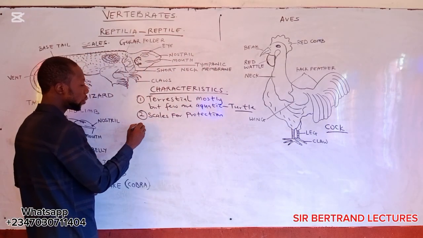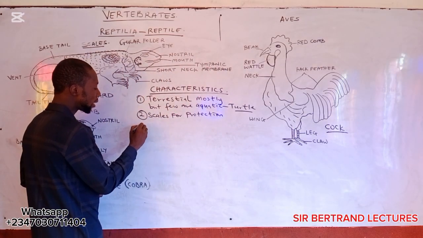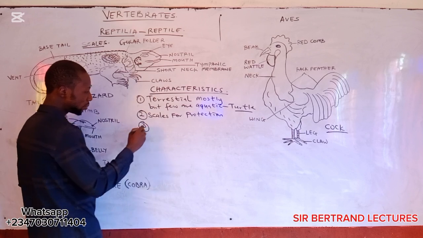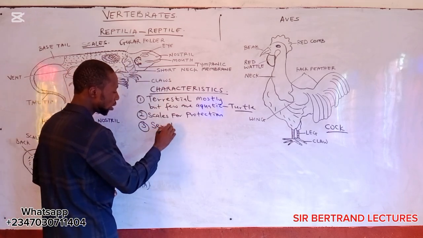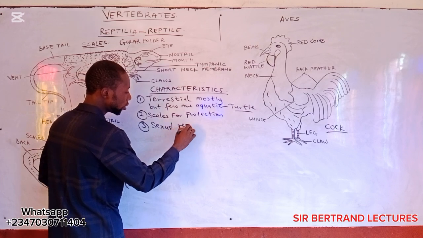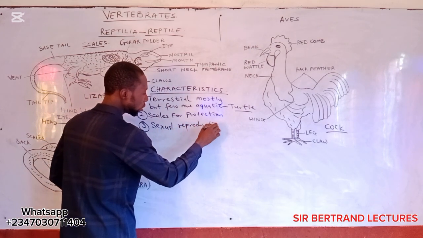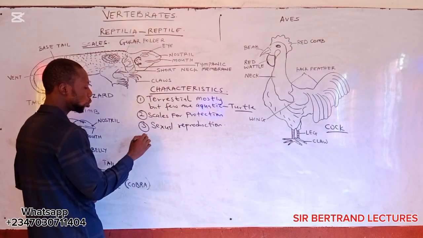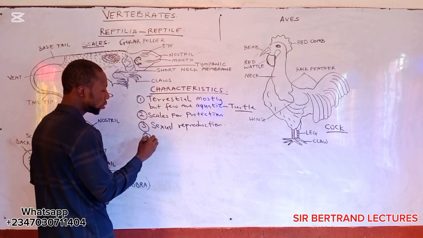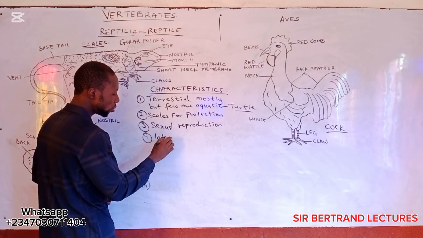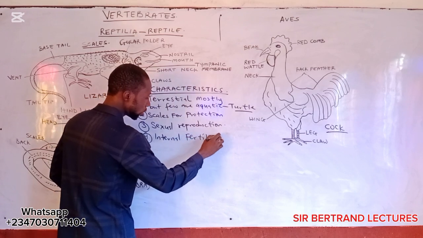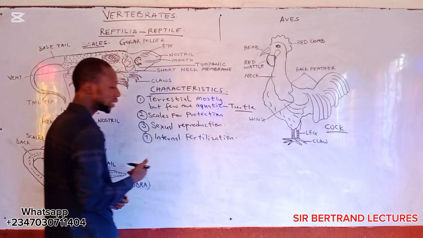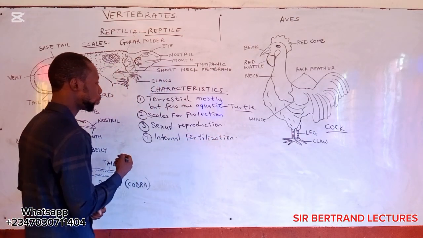So the next feature, number three, reptiles reproduce sexually. That is sexual reproduction. Number four, they exhibit internal fertilization.